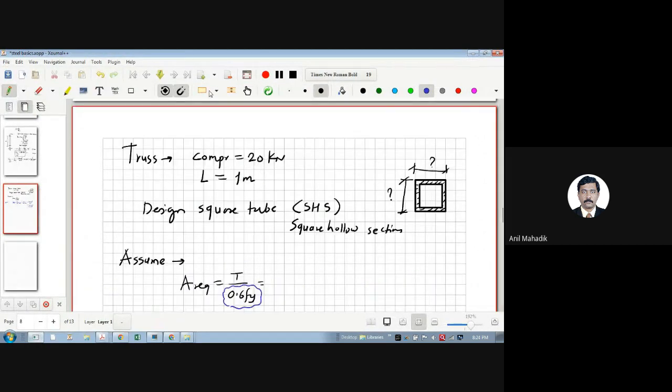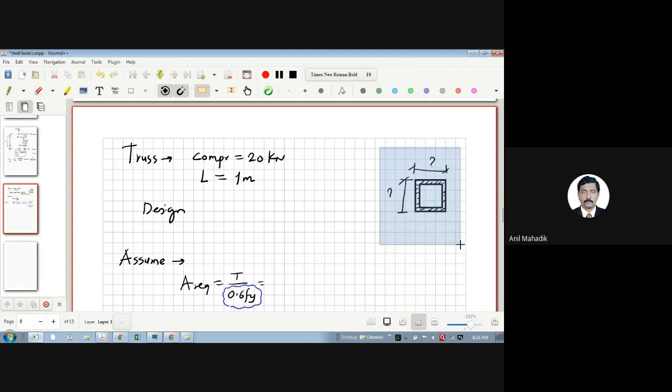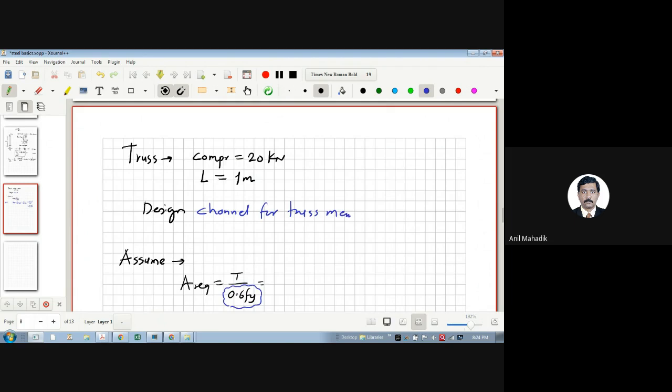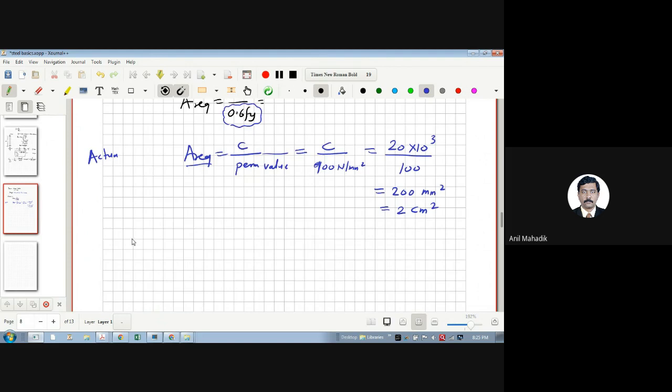Let's do it a better way. ये नहीं करेंगे. Design channel for truss. Channel for truss member.